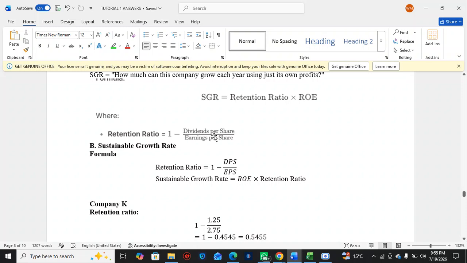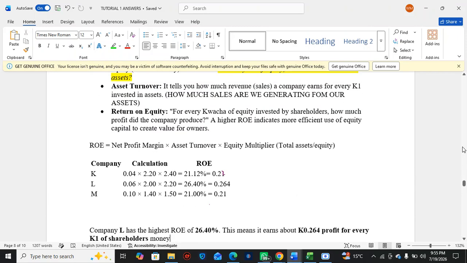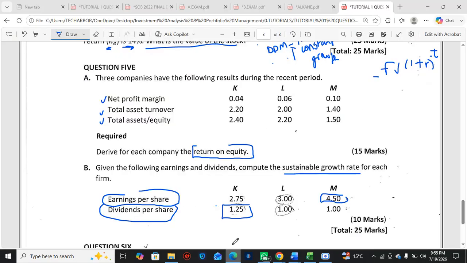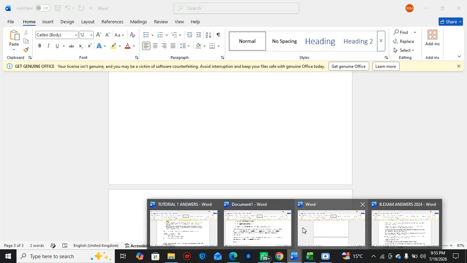All right. We already have our returns on equity, so we just need to get each company's retention ratio. Okay. So for company K, we're going to say here 1 minus dividend per share over earnings per share.